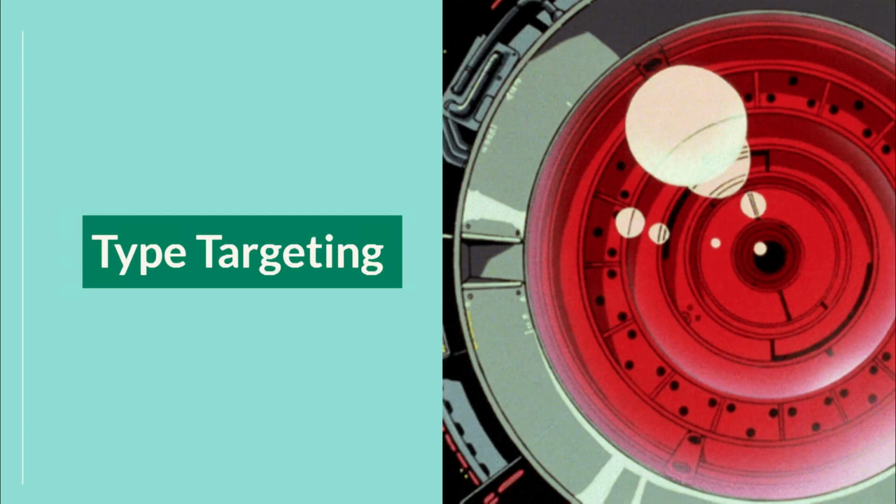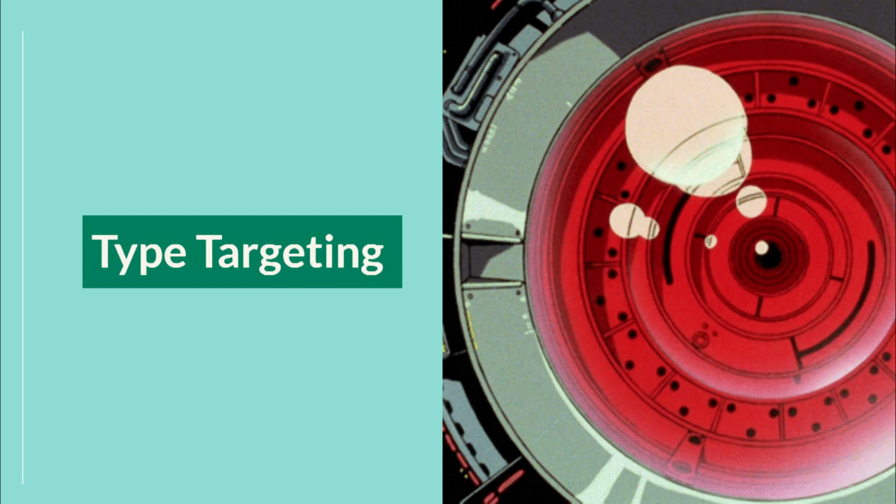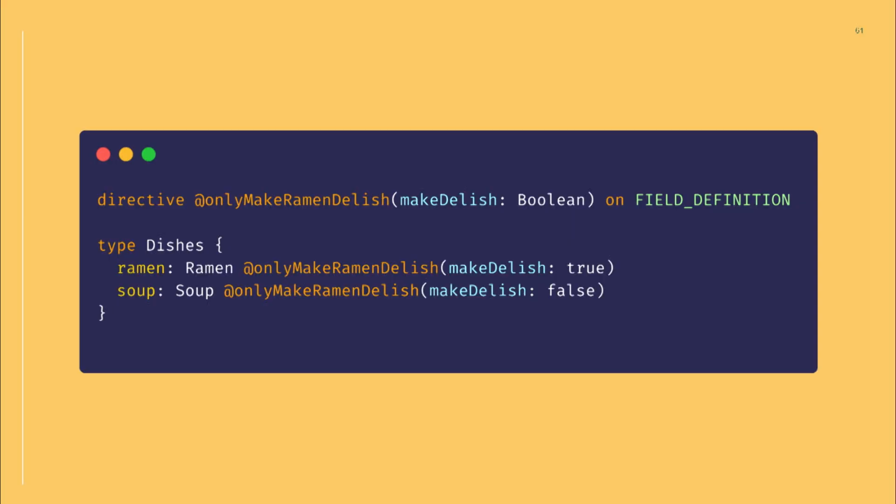And there's type targeting, which I found really interesting. When we had our directive, we noticed how we put it on just a certain variety of types. In our case, it was field configs or field objects, which is fine. You can really bring it in and target just those specific things. But targeting specific fields in your schema is harder. So in this case, we're only trying to make ramen delicious. I also realized I'm saying my own name a lot during this talk, and I don't know how good that is.